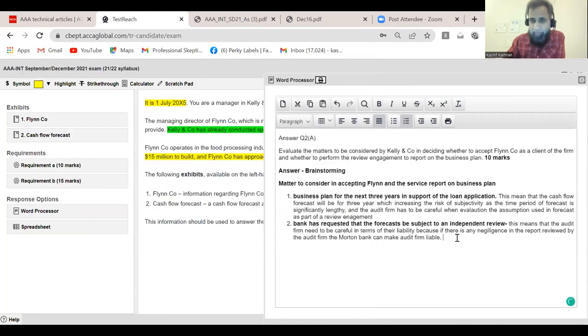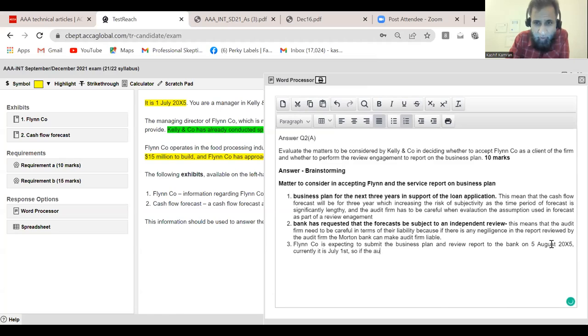Next point, point number 3. The Flynn company is expecting to submit the business plan and the review report to the bank on the 5th of August. Currently, it is July 1st. So if the audit firm decides, we are not sure, right?